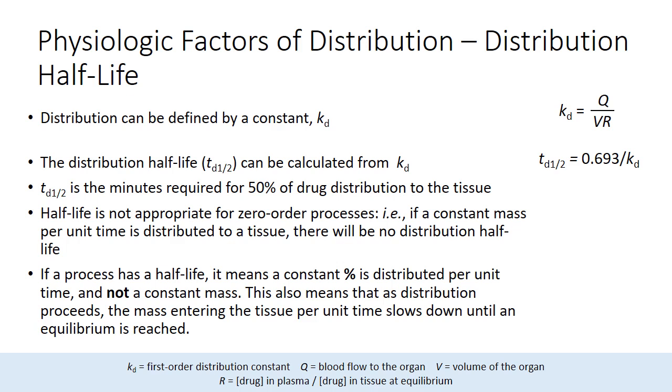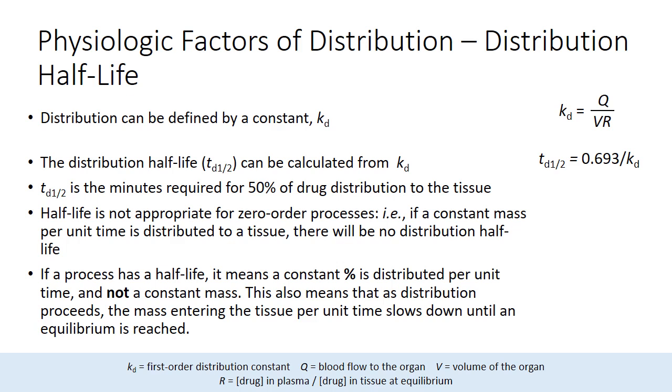We're talking about a rate constant for drug diffusion into a tissue. The way that is calculated is Q, which is blood flow, which would be something like milliliters per minute, milliliters per hour. So that would be the units for blood flow, divided by the volume of the organ. So blood flow divided by the volume of the organ times the concentration of drug in the plasma. So that equation would give you the rate constant for drug diffusion into a tissue.